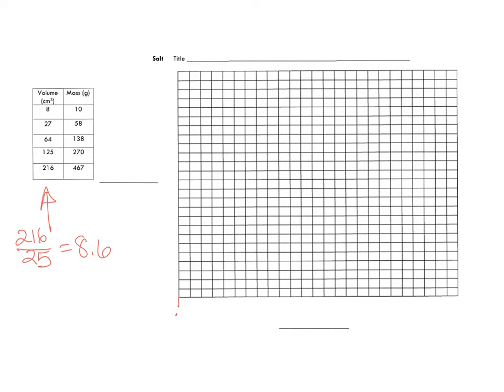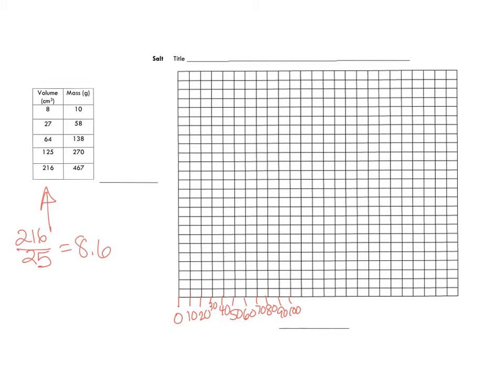So I'm going to start here at 0, and then each one of these is going to be 10, 20, 30, 40, 50, 60, 70, 80, 90, 100.